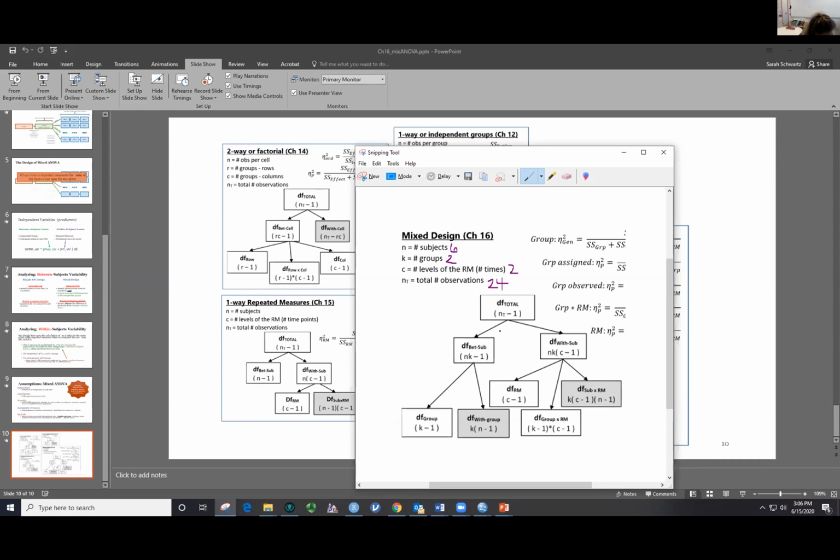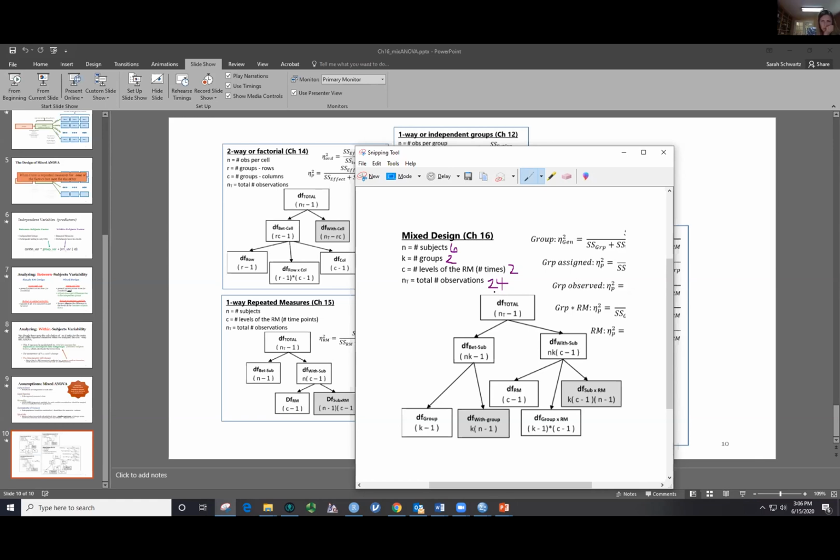It doesn't tell us what our outcome is. We might be measuring their blood alcohol content. We might be looking at their reaction time. We have some score that we're comparing before and after. And we have 6 people in each of 2 groups, measured twice, for a total of 24.